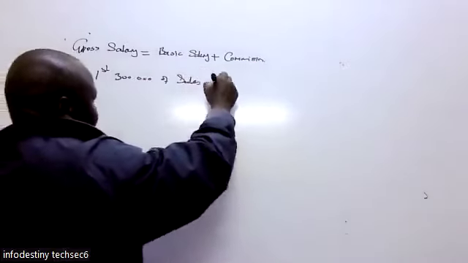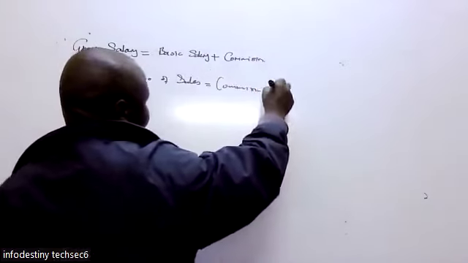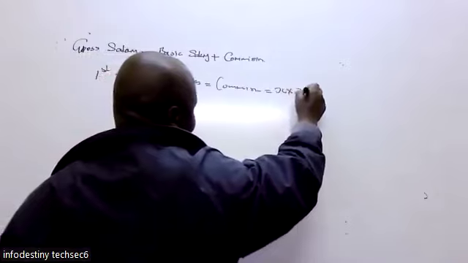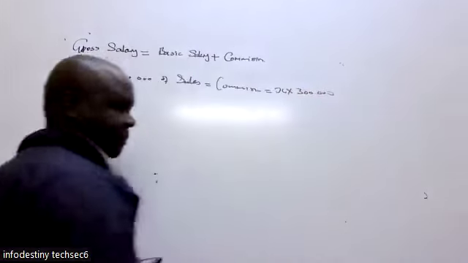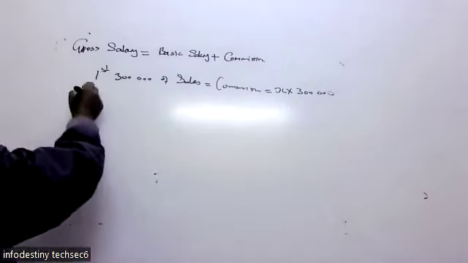So the commission will be equal to X multiplied by 300. We are together? Then Y% for any additional sales made above 300.